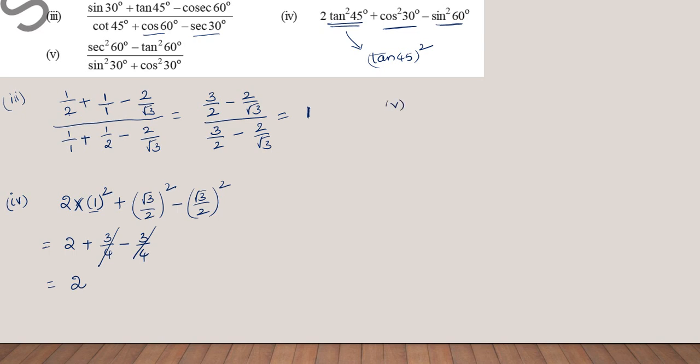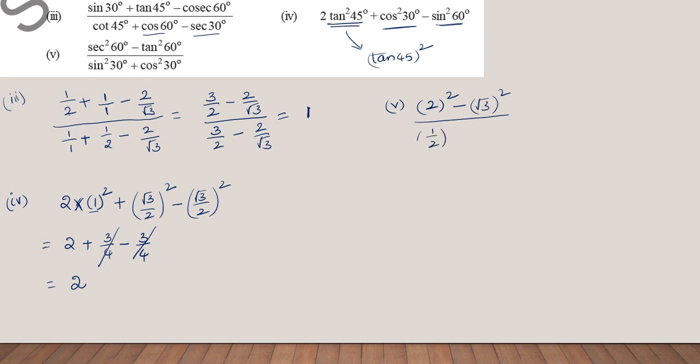Next, moving on to question number 5. What did he ask? Secant square 60 degrees. So what is cos 60? You need to identify its reciprocal, right? When you have a secondary trigonometric ratio, go for its primary one. So secant 60 is nothing but the reciprocal of cos 60. Cos 60 is 1 by 2, so this is nothing but 2 whole square minus tan 60. Tan 60 is root 3 whole square divided by sin 30.